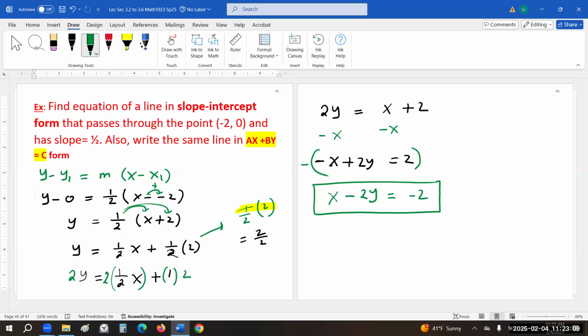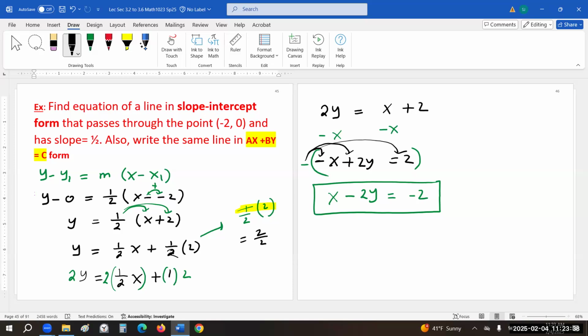It can be x minus 2y. X minus 2y equals -2. It's minus because when you multiply by negative, everything will change their sign. No, but I thought it was plus. So here we have 2y equals x.